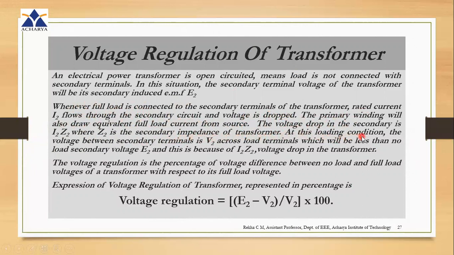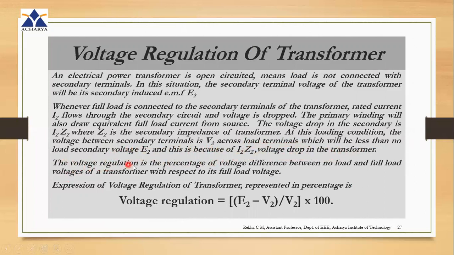At this loading condition, the voltage between the secondary terminals is V2 across the load terminals, which will be less than the no load secondary voltage E2. And this is because I2 into Z2 is a voltage drop in the transformer.